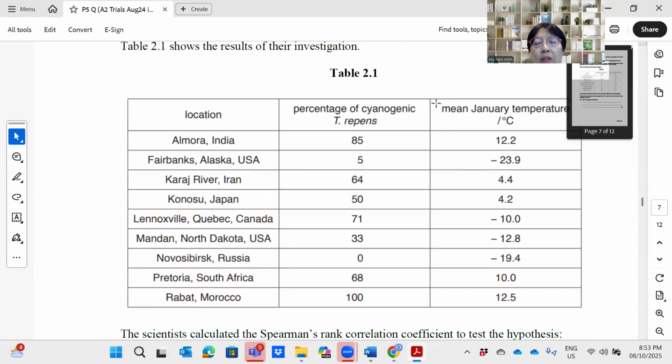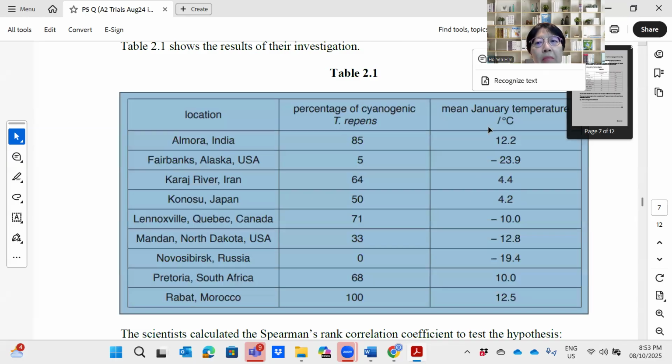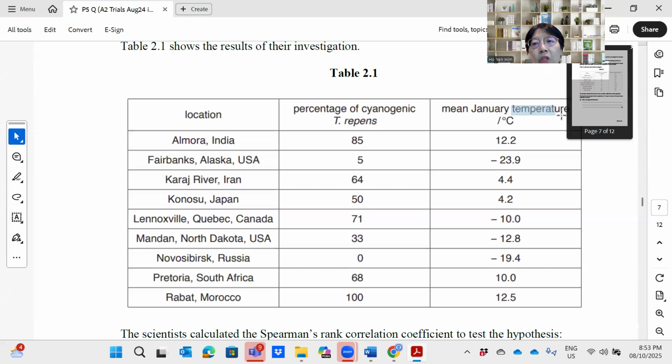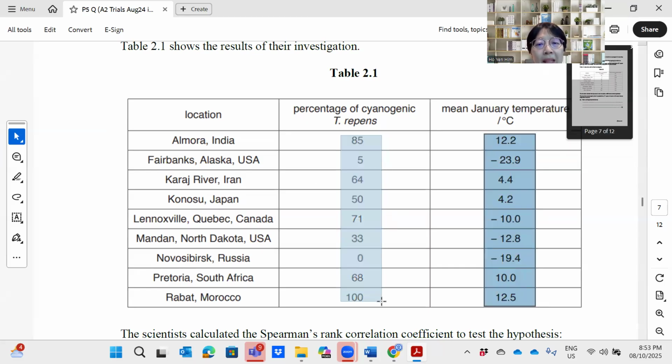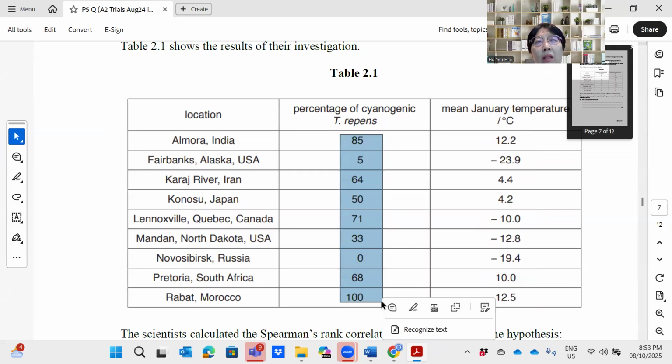So all of them have got the same what? Month. So the experiment is conducted in the same month, and when they measure the temperature in the month where they conduct the experiment, these are the range of temperature obtained. And this will be the range of the percentage of the cyanogenic Trifolium repens.